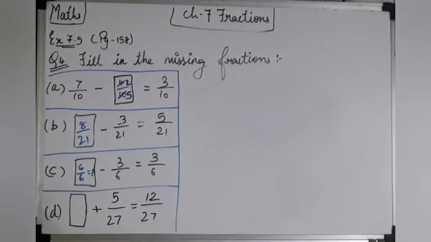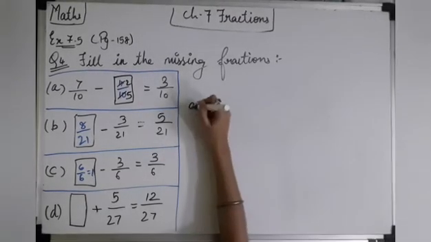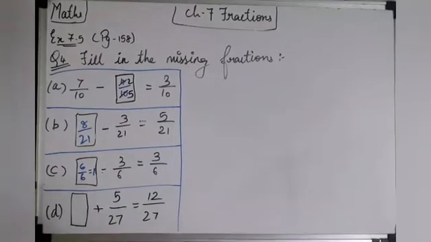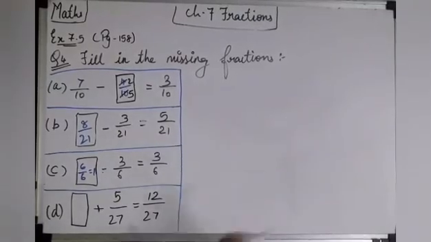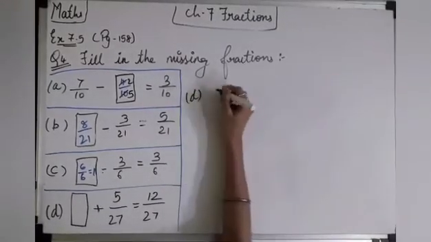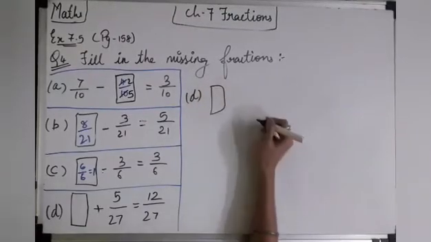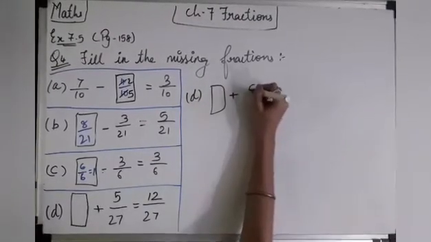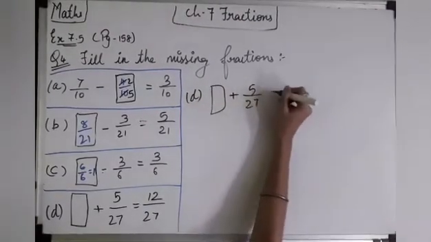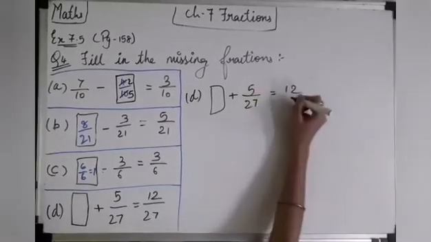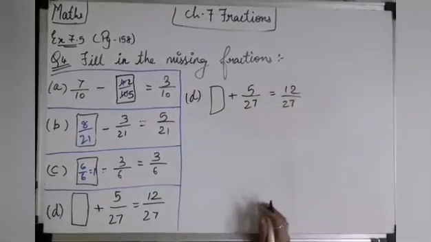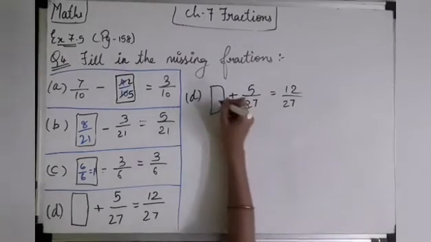The last sum of this question, D. In D sum, what is the question? Blank plus 5 upon 27 is equal to 12 upon 27. First you will write the denominator.